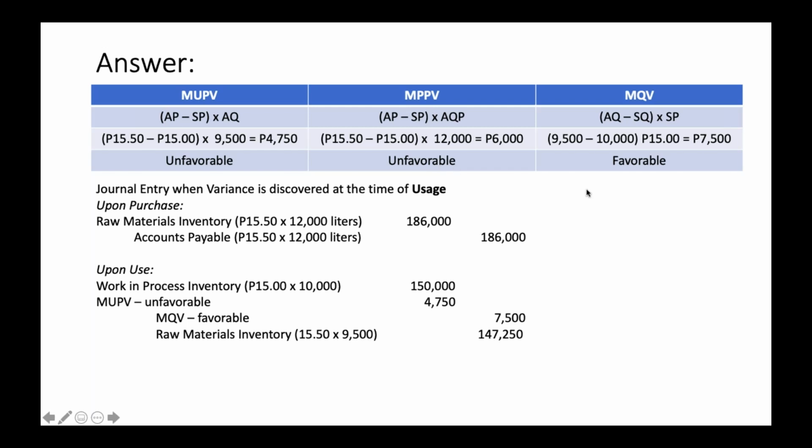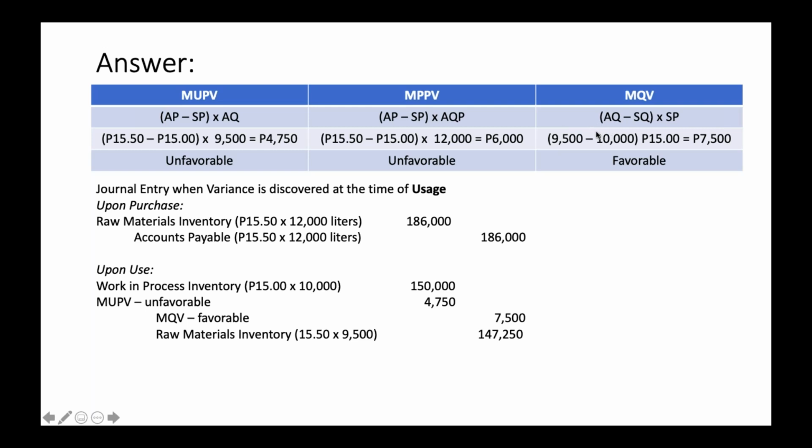Now, in terms of quantity variance, the difference in quantity, actual quantity used, minus the standard quantity to be used, multiplied by the standard price. The actual quantity used is 9,500.